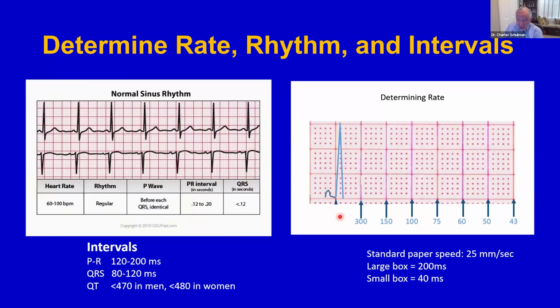You can calculate rate this way: mark some portion of the QRS, here right at the beginning of the R wave. Then if the next beat is here, their heart rate is 300, 150, 100, 75, 60, 50, 43.